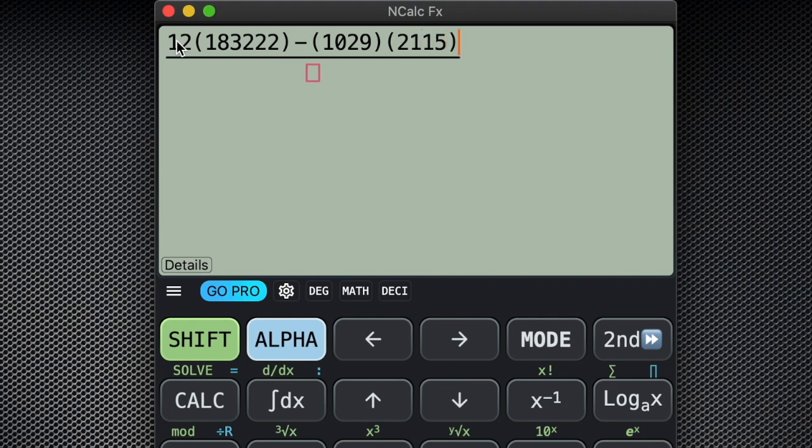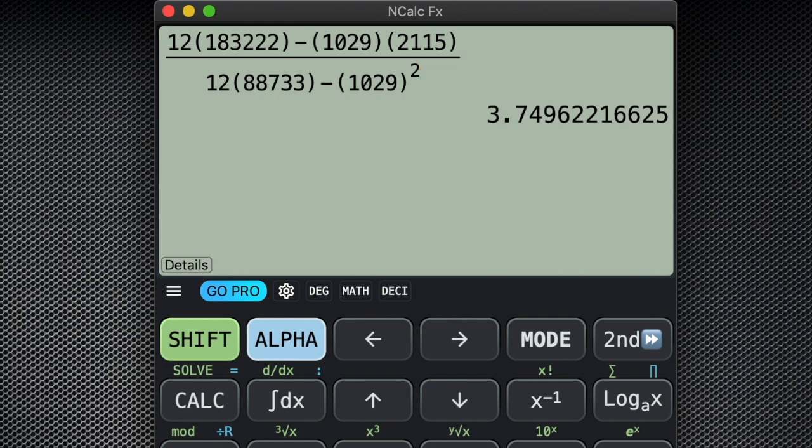That is for our numerator. For denominator, we have N na 12, 88,733 minus the value of our summation of X, which is 1,029, then squared. Okay? So, for the answer, we have 3.7496. Let's use four decimal places, guys.